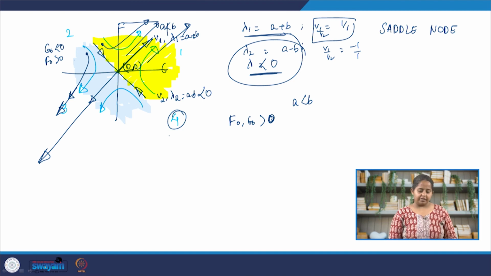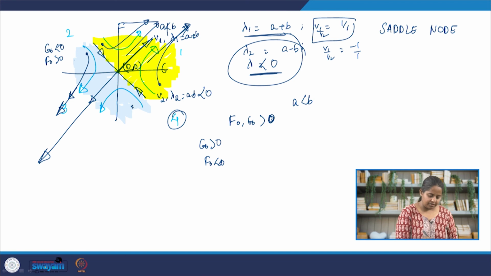In the fourth quadrant, notice G naught is positive. So G has a good impression of F, and F naught is negative. F does not think highly of G. If you're starting in the yellow portion, eventually their friendship will get deeper and even F will start thinking that G is a good person. But if you're starting in the blue portion, look at the trajectory.